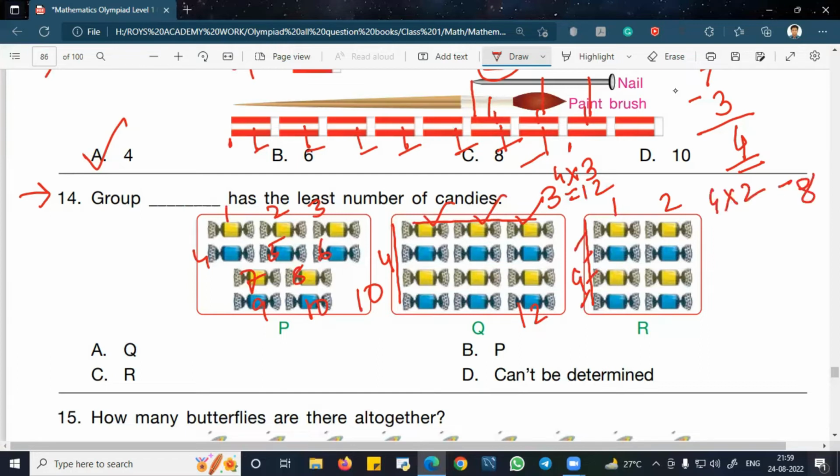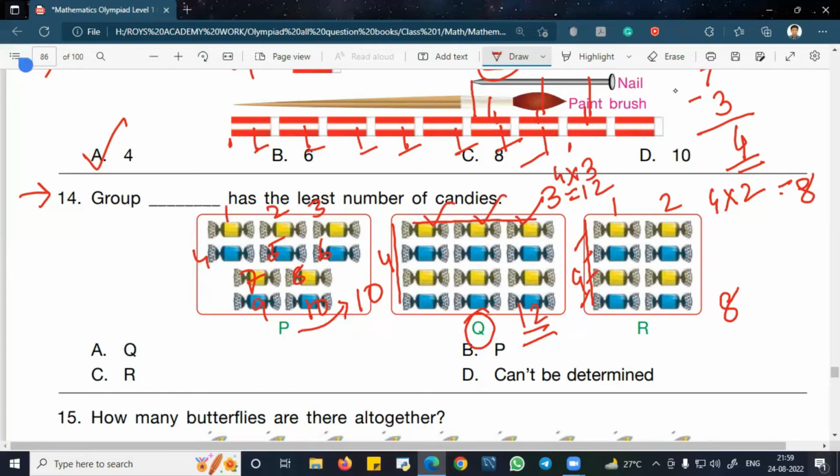So this is 8 candies in box R, 12 candies in box Q, and 10 candies in box P. So in box Q we have the most candy, and box R has the least candy, which is 8.